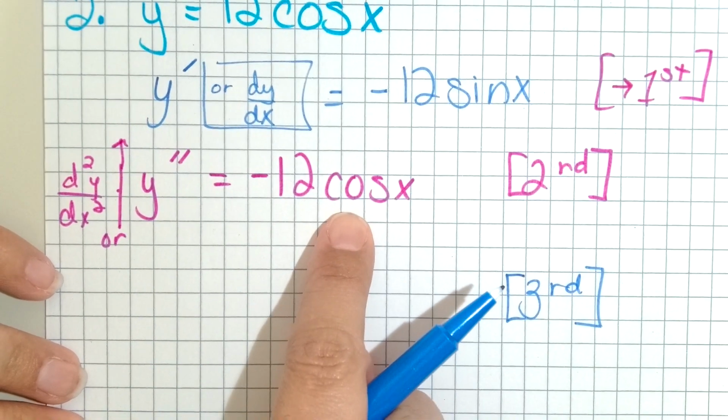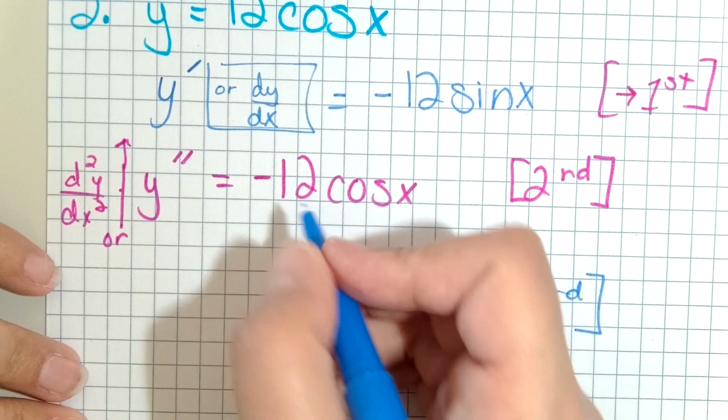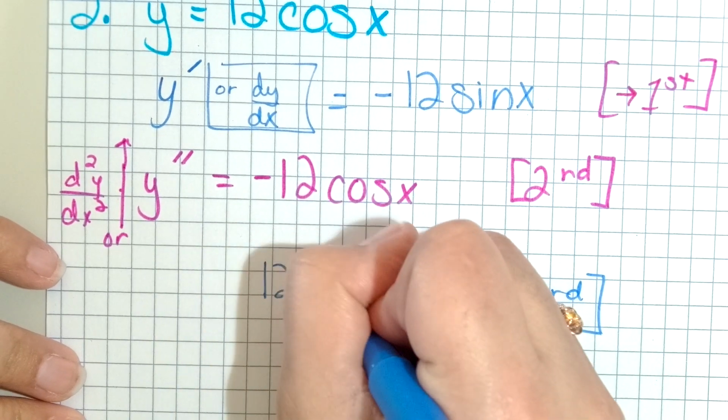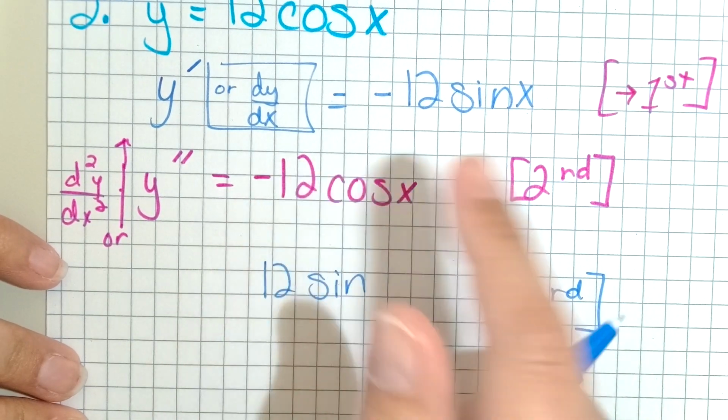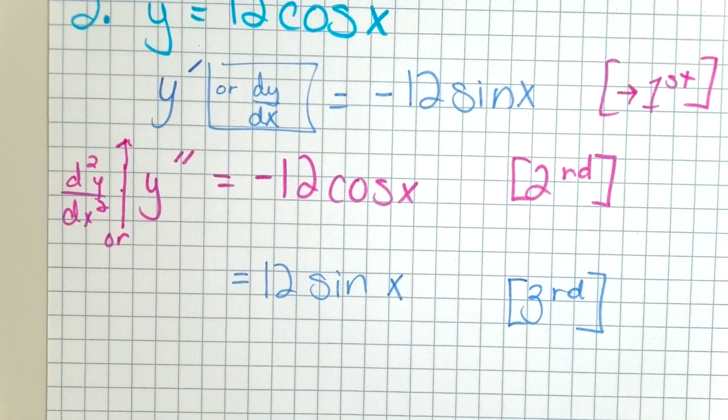What is the derivative of cosine? 12 sine x. So remember that we need to convert back to the positive. Now, in the 13 years I have been teaching, students still do this. As Walter said, do not put y cubed.